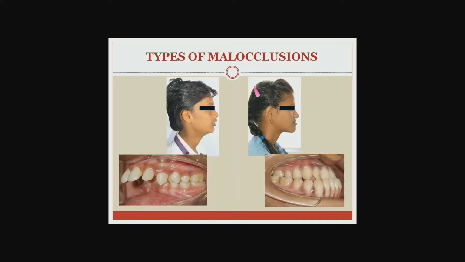In the first figure, you can see that the teeth are protruding out and the bite is quite deep, while in the second figure, the lower teeth are coming in front of the upper, the upper jaw is smaller and the lower jaw is larger, and this is known as a reverse bite, reverse jet, also known as a cross bite in dentistry terminology.